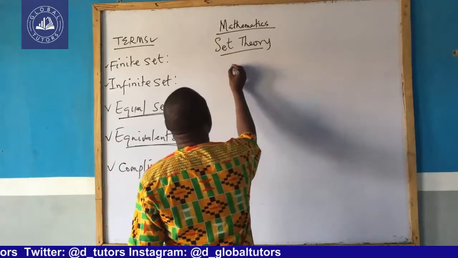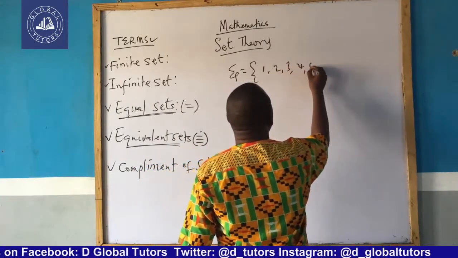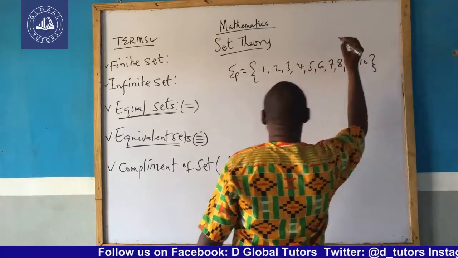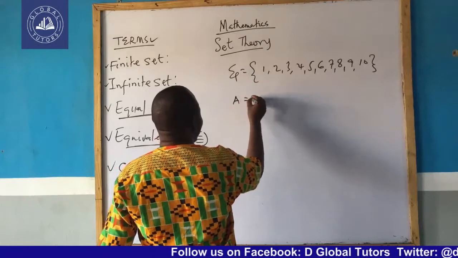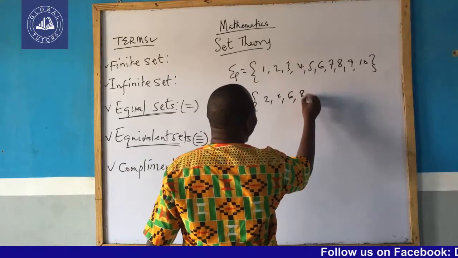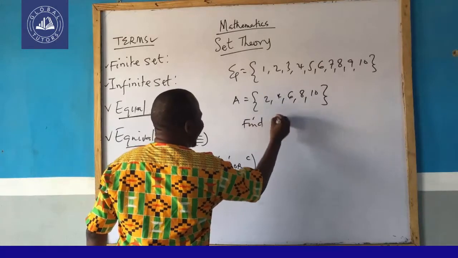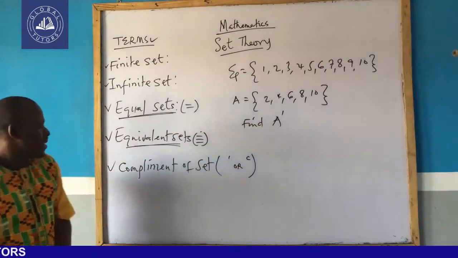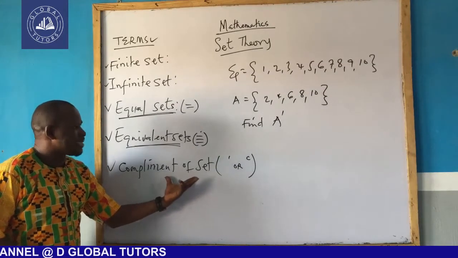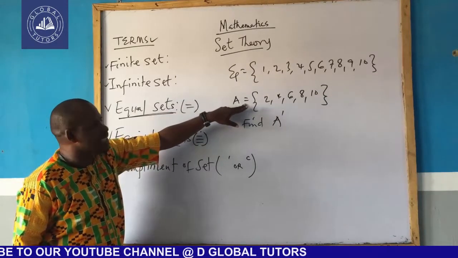You have a universal set, {1, 2, 3, 4, 5, 6, 7, 8, 9, 10}. And I have set A. Set A is now {2, 4, 6, 8, 10}. My question is now, find the complement. Now, the complement of a set is the list of elements that are present in the universal set but not in the set in question.